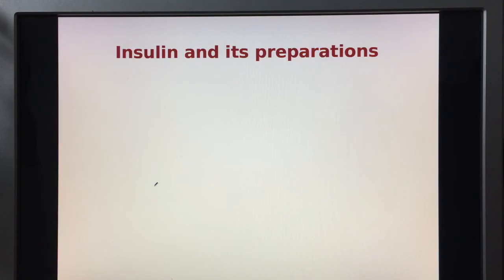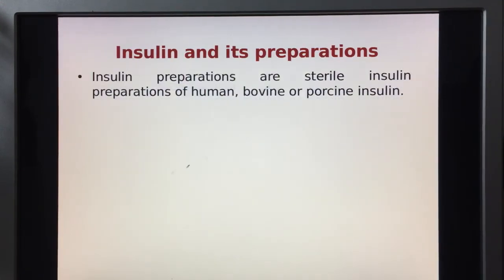Now coming to insulin and its preparations. Insulin and its preparations are sterile insulin preparations of human, bovine, or porcine origin.